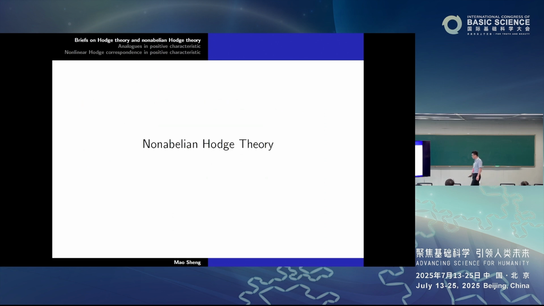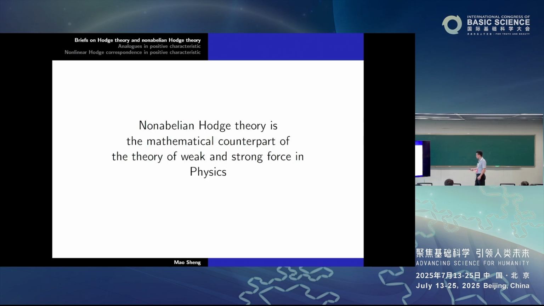So let's move on to non-abelian Hodge theory. Likewise, non-abelian Hodge theory also has a physical meaning. You can say this is a mathematical counterpart of the theory of the weak and strong force in physics.